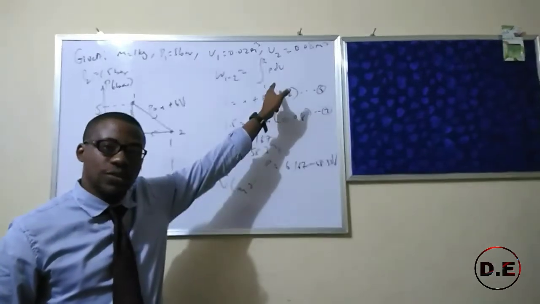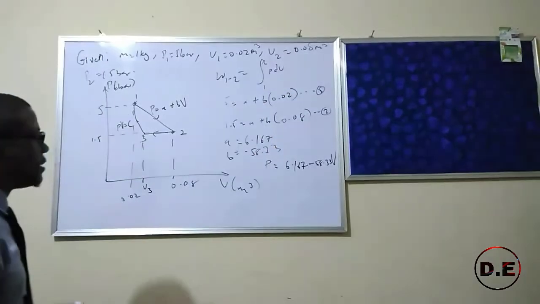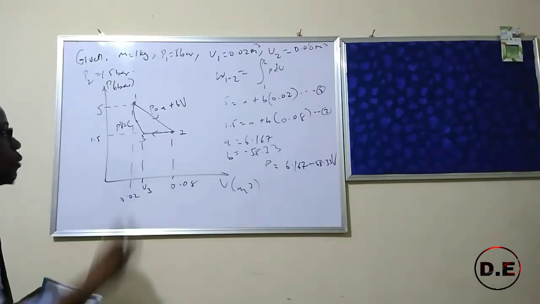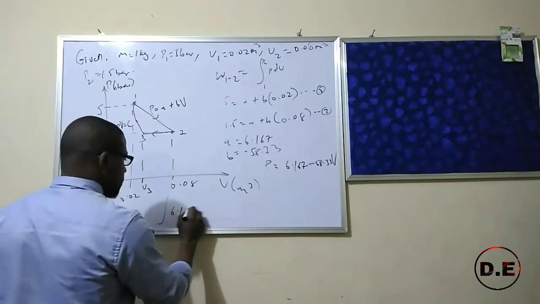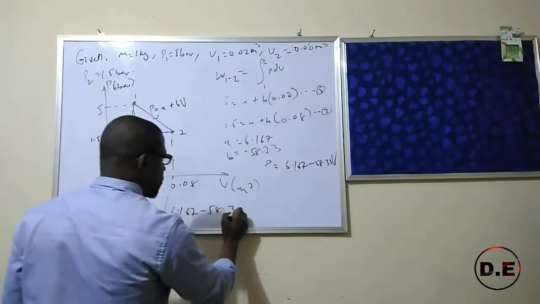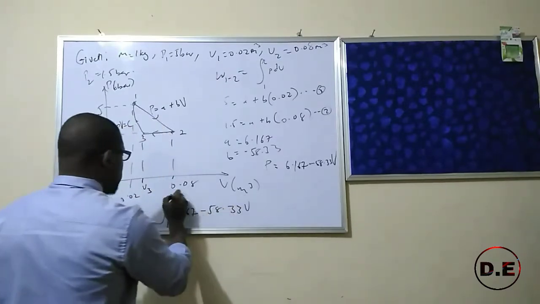We have noted that you must have P in terms of V to be able to evaluate this integral. So let's do that again. We want to evaluate that integral: integral of 6.167 minus 58.33 V from 1 to 2.